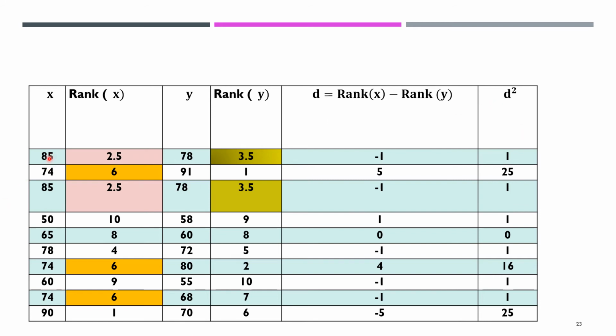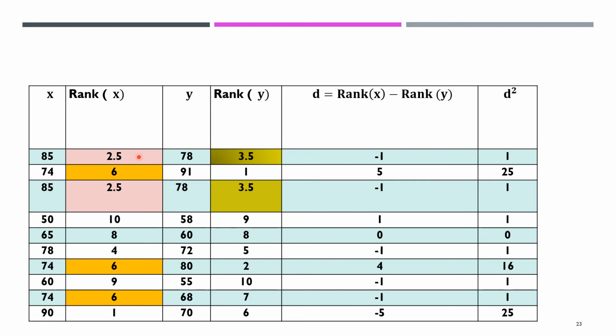Again, the highest number in the x column is 90. That is given as rank 1. After 90, the next number is 85. But 85 is repeated 2 times, which means that there is a tie between the ranks 2 and 3.